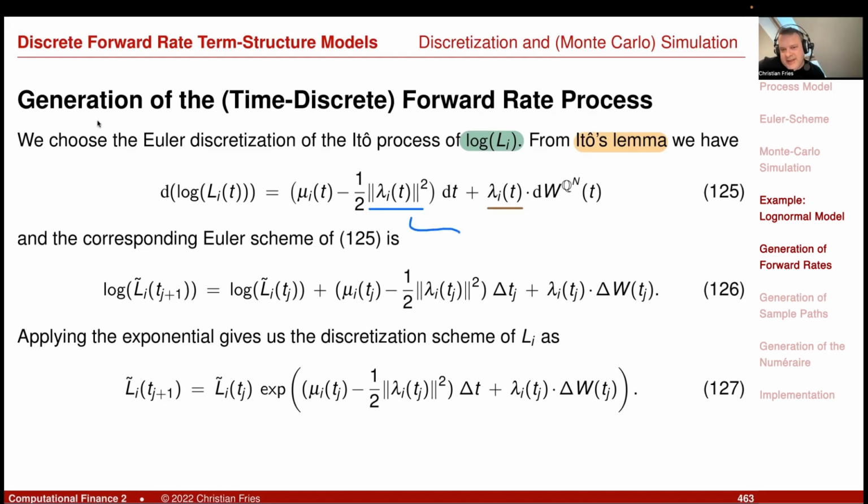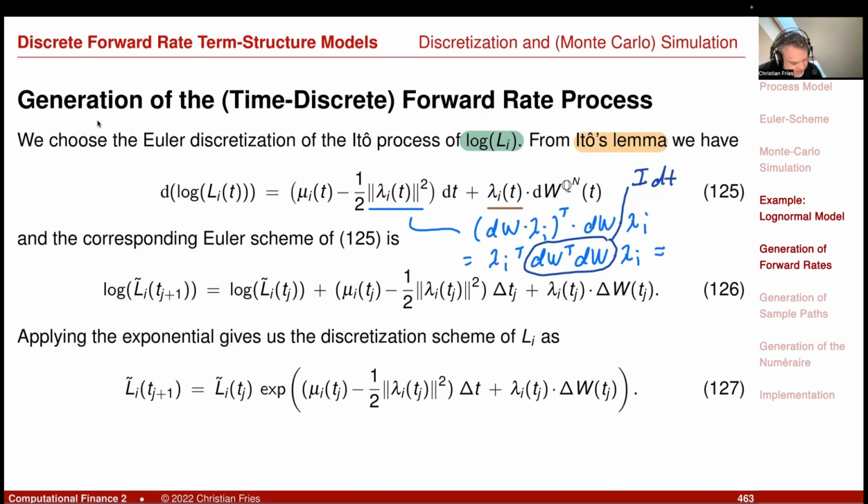So what's hidden here inside this norm is actually dw times lambda I, transposed, times dw times lambda I, which is lambda I transposed, dw transposed dw, times lambda I. This dw transposed dw is now the identity times dt.